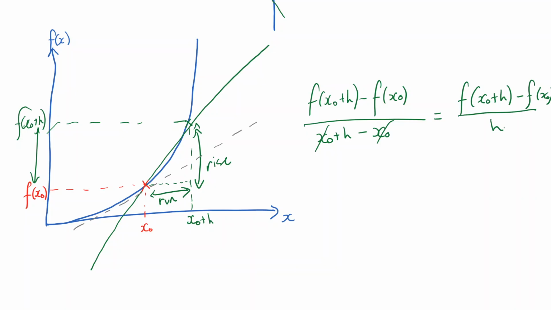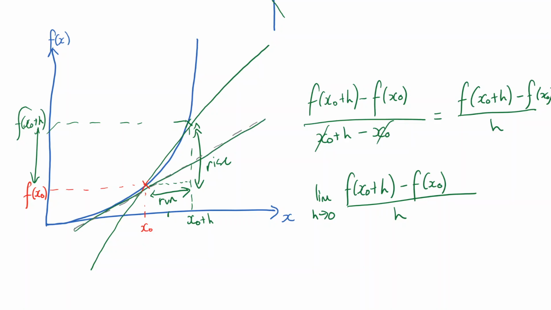Right? And I already said that as h gets smaller, the approximation gets more and more accurate to this line here, right? So we can take the limit, so this is where limits come in. We can take the limit as h goes to 0 of f of x0 plus h minus f of x0 over h, right? And then that's going to give us what this line is, because as h approaches 0, as this x0 gets closer here, we're picking points that are closer and closer, and these tangents are getting closer and closer to our tangent that we want.